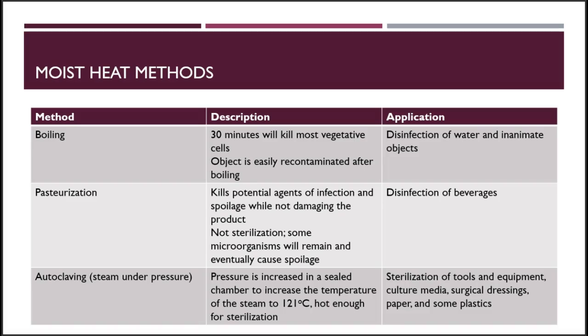So 121 degrees Celsius in the autoclave is hot enough to sterilize materials. Autoclaving is typically used to sterilize tools and equipment that can withstand the moisture and the heat. Any culture media that you're going to use in the microbiology lab, surgical dressings, paper, and some plastics, depending on their composition. We also use autoclaving to sterilize waste before it is disposed of into the environment.